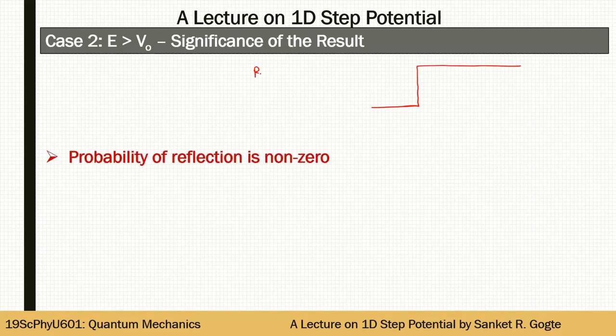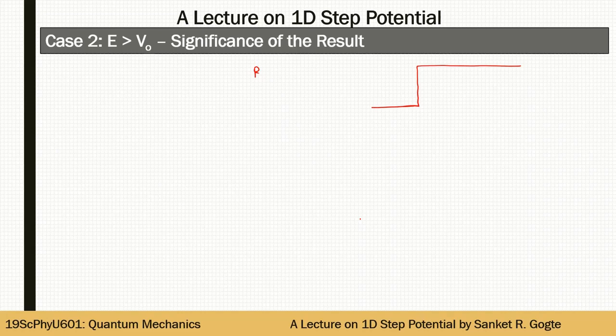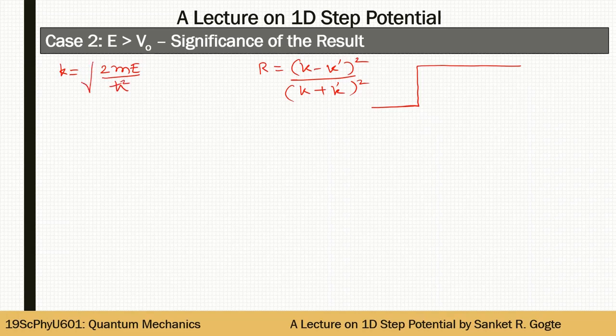R is k minus k prime whole square divided by k plus k prime whole square, where k is the square root of 2m E by h cross square, and k prime is the square root of 2m (E minus V0) by h cross square.